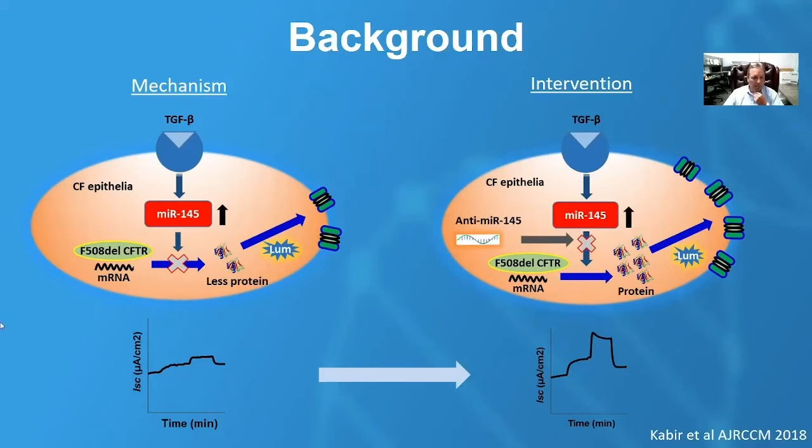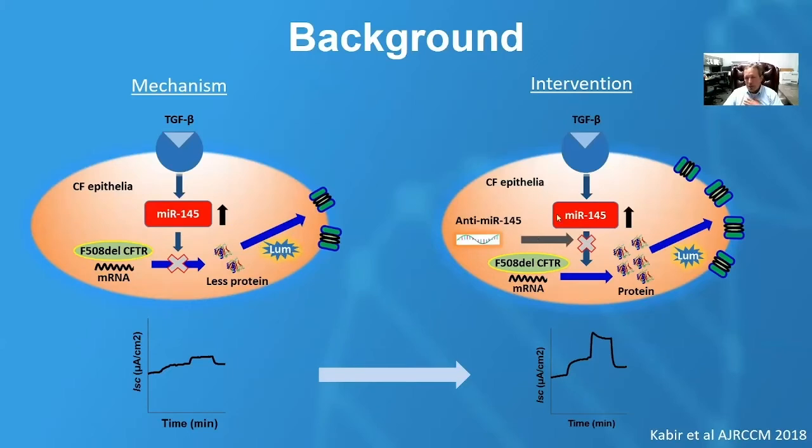Looking at the mechanism on the left, TGF-beta increases miR-145 expression. miR-145 then binds to the CFTR messenger RNA and degrades it, so there's less transcript available to translate into CFTR protein. Now there's less CFTR protein, so there's less substrate for the CFTR correctors or modulators to correct. And this drawing is lumacaftor, which is our previous work.